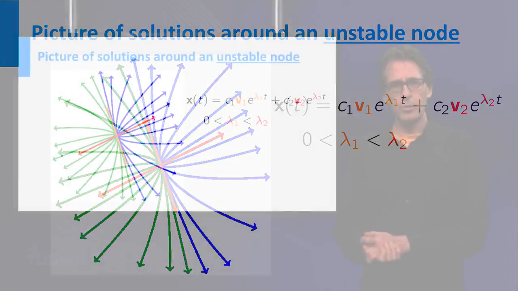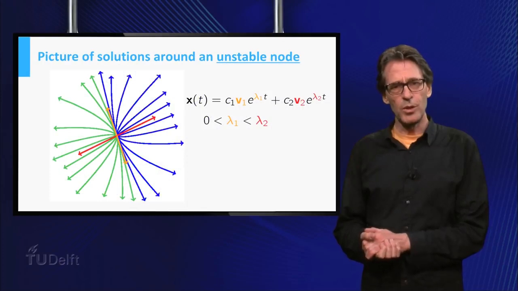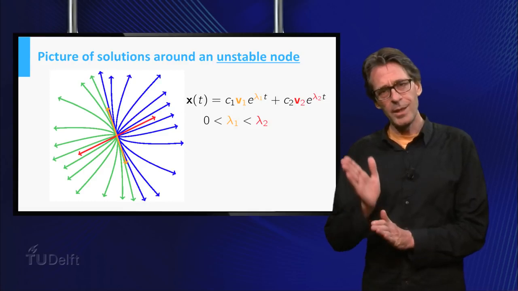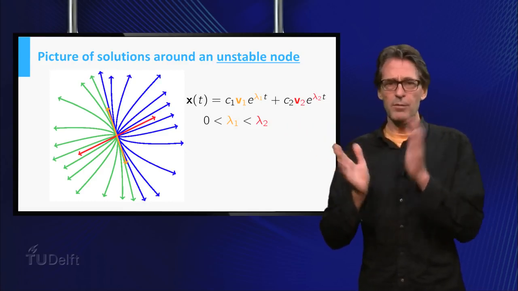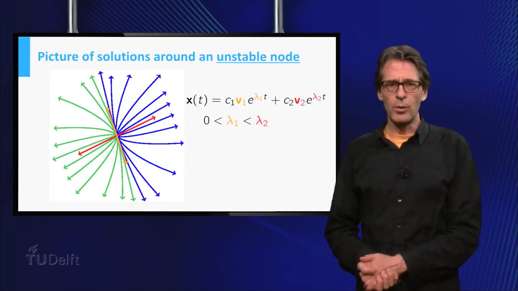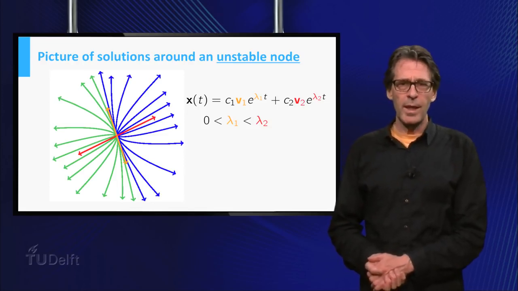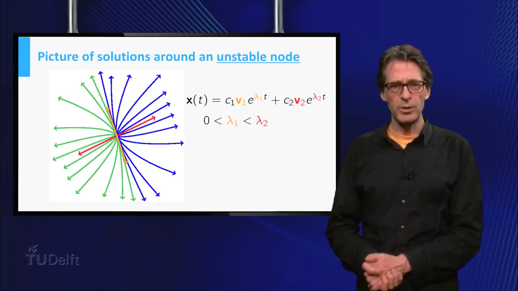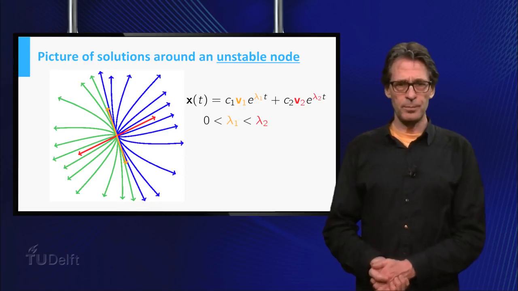From the origin, solutions leave in the direction of the orange eigenvector belonging to the smallest eigenvalue and turn away in the direction of the red eigenvector. If both eigenvalues are negative, the origin is a stable node, and you get the right picture by just reversing the arrows. In class you will learn how to handle the situation with complex eigenvalues.